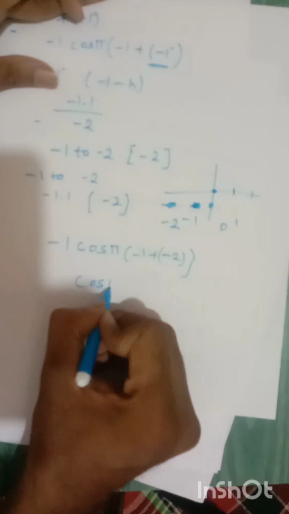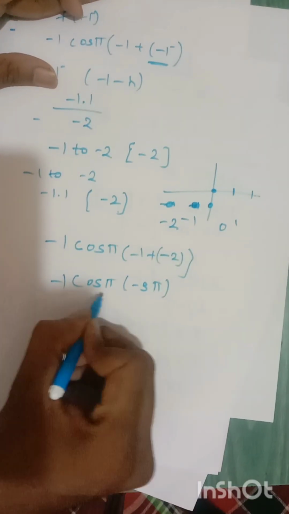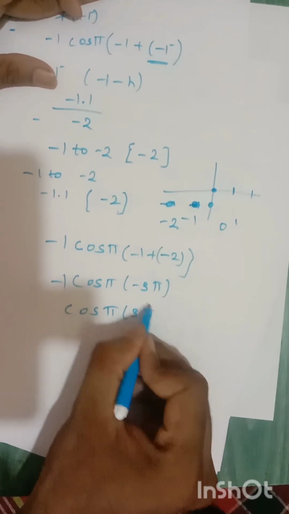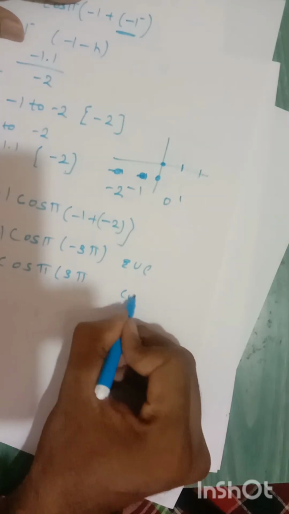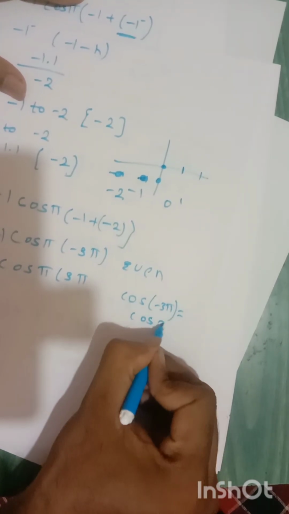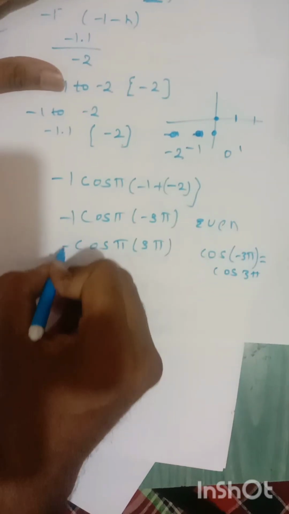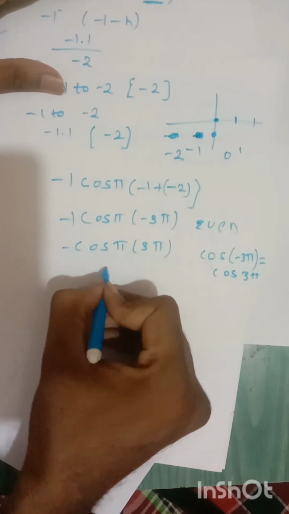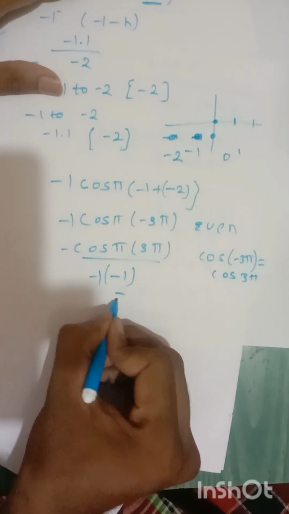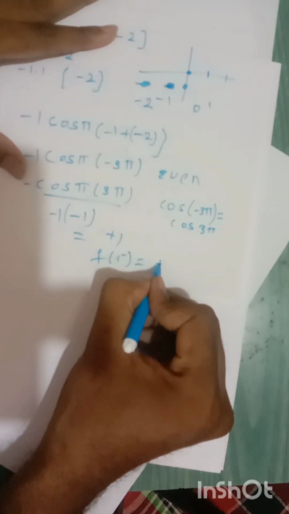Solving this, cos of minus 3 pi is equal to cos 3 pi, because it is an even function. So cos minus 3 pi is minus 1, into minus 1, which gives plus 1. So f of minus 1 minus is equal to plus 1.